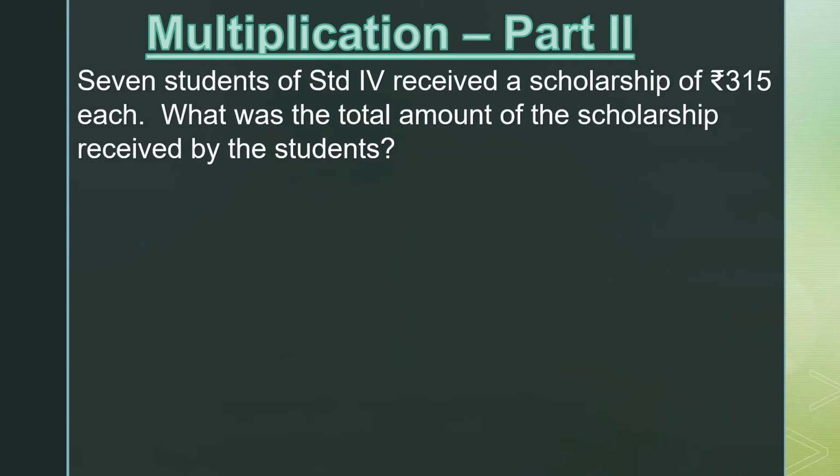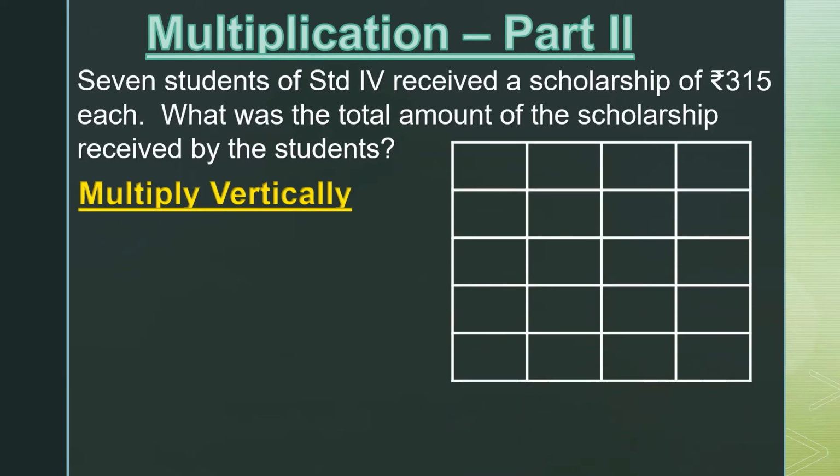Now let us solve the same sum using the second method, that is multiply vertically. To multiply vertically, first we need to draw the columns. Now we write units, tens, hundreds and thousands place. We have to multiply here 315 by 7.